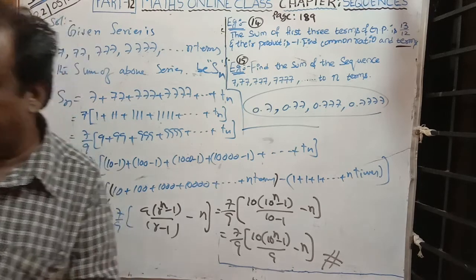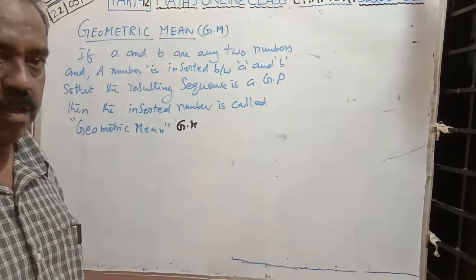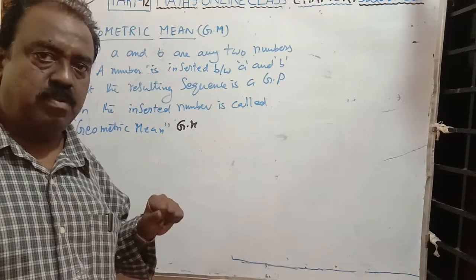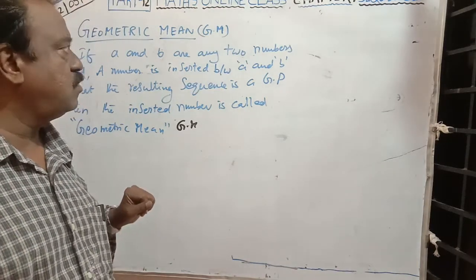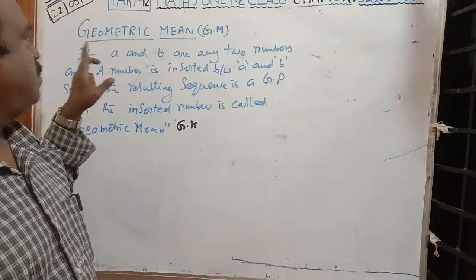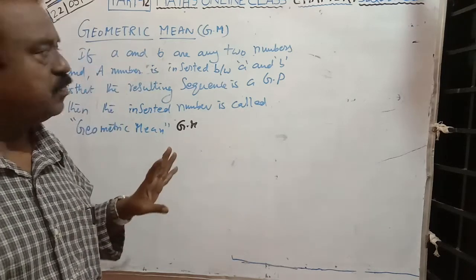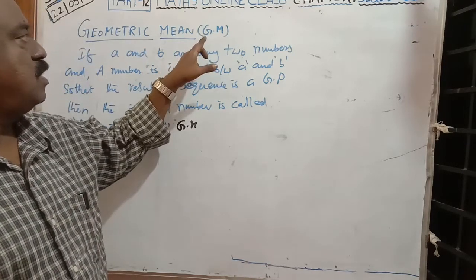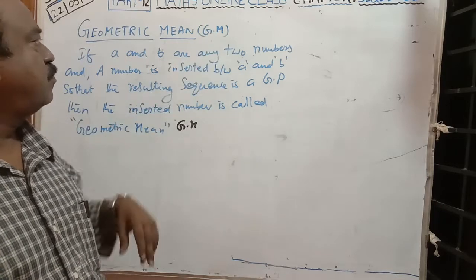Okay, students. After the two examples, 14 and 15 problems, a concept is there. This concept is geometric mean. Geometric mean's notation, its abbreviation, is GM.